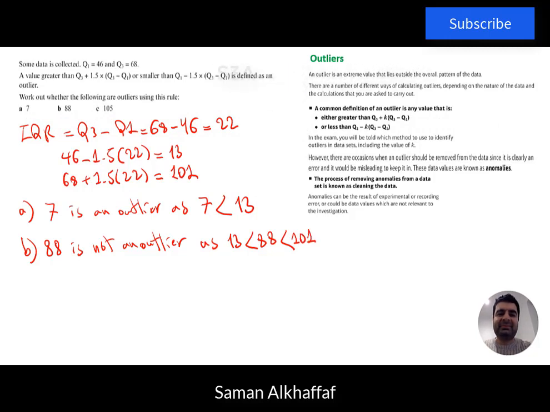Now for part C, we're looking at 105. So 105 is an outlier, as 105 is bigger than 101. Okay, so this will be our answer for this question.